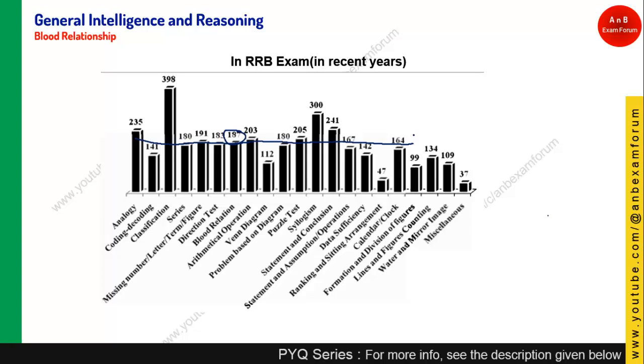Most of the chapters are repeating. Like series, missing numbers, direction test, you will find 1 to 2 questions in the RRB exam for sure. So looking at the importance of this particular chapter, we have made the concept classes.